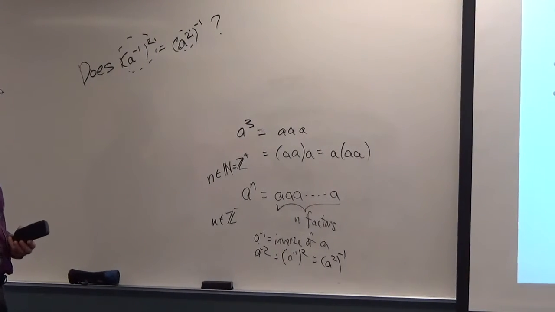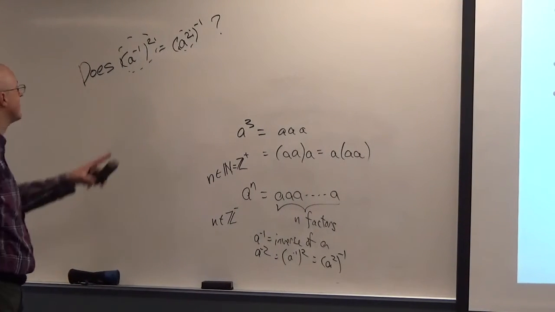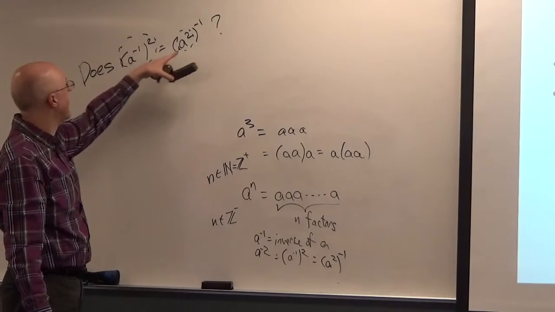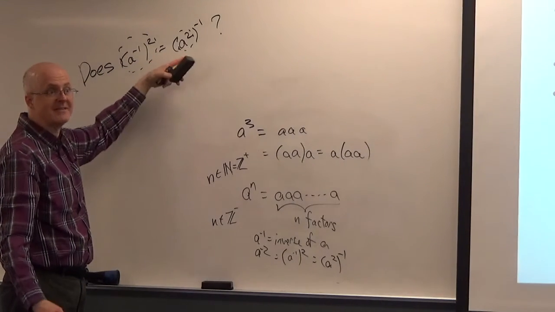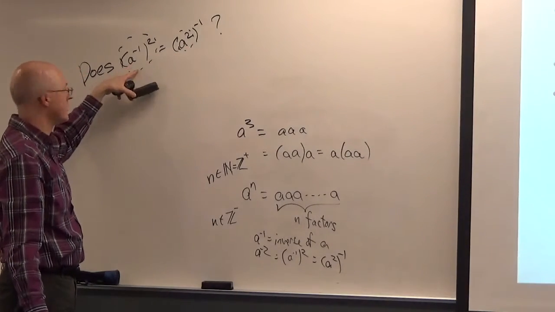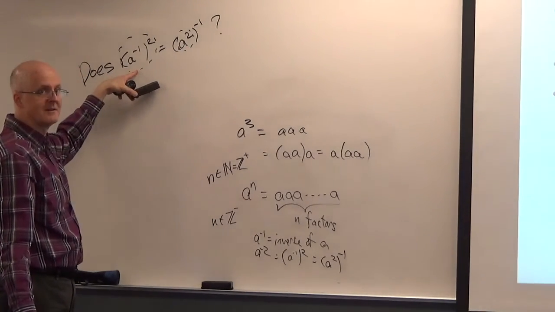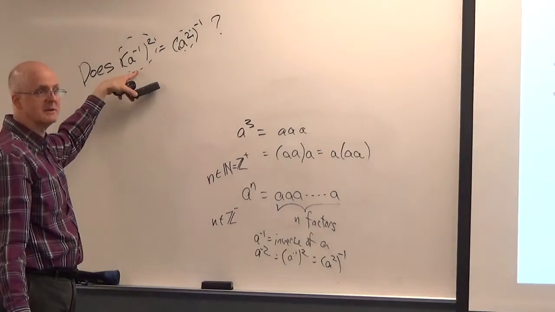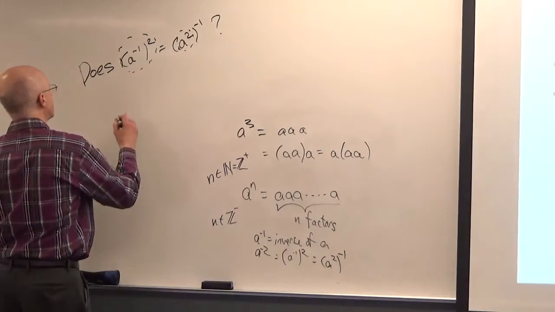That's the real issue, right? If I multiply this whole thing by this thing inside the parentheses and get the identity, then the inverse of this thing inside the parentheses must be this whole thing. Got to understand what the issue is. So do that multiplication.